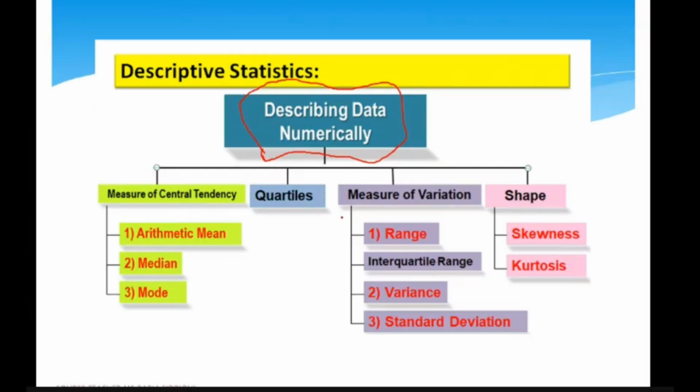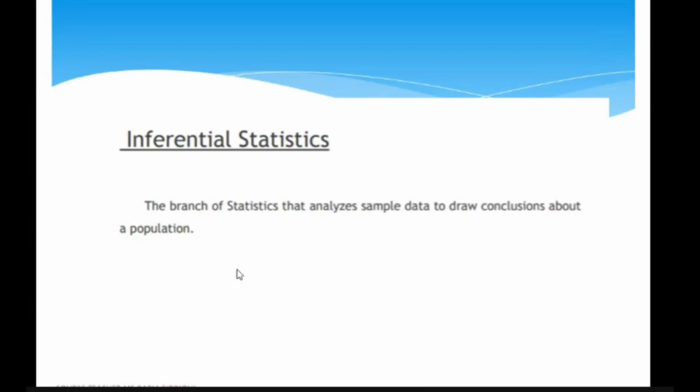Then you may use measures of variation, which tell about the variation or deviation from the mean. Or here you may define the shape of the distribution you are analyzing, and there are also quartiles, where you can split the data values into four equal parts.